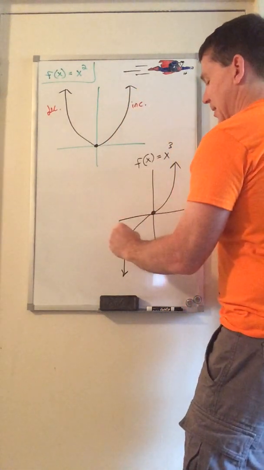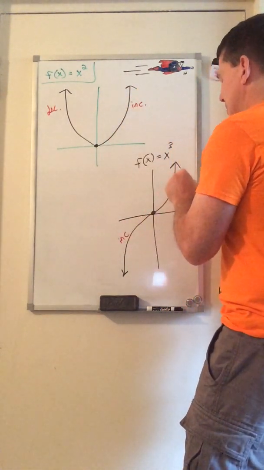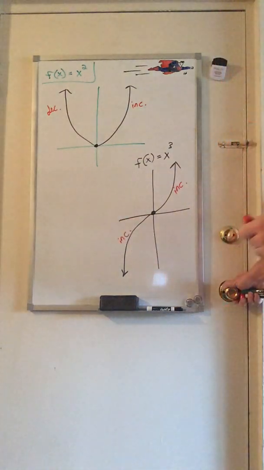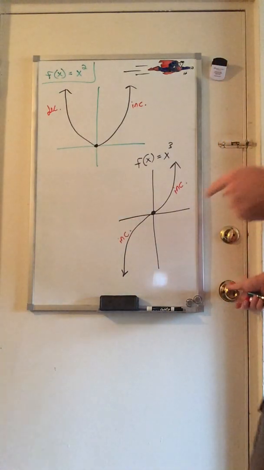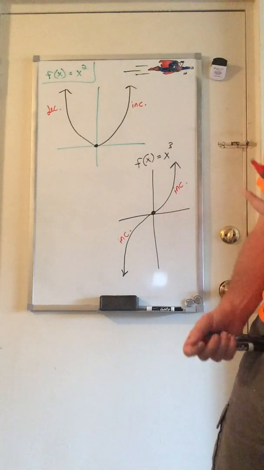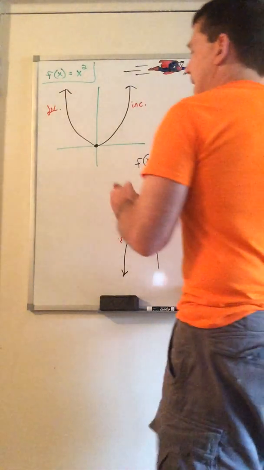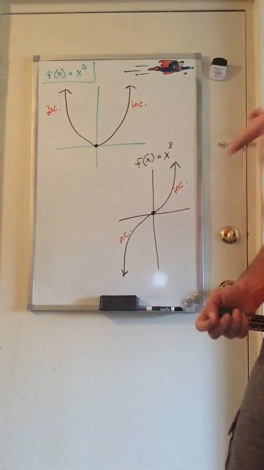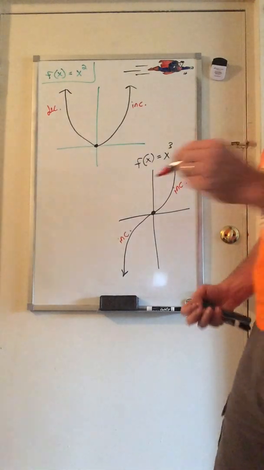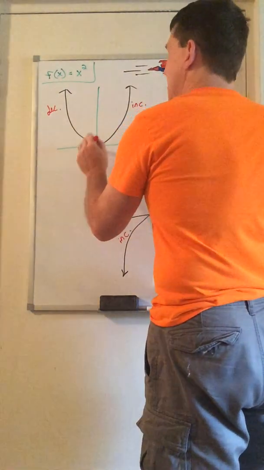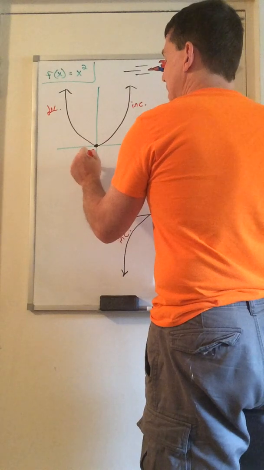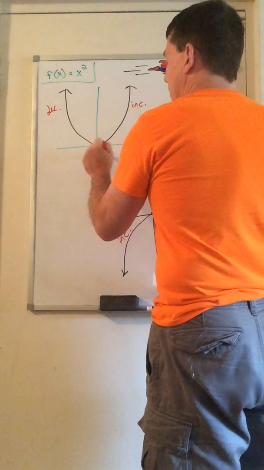This is increasing, and then it keeps on increasing. And we also said, I think earlier in the chapter, that places where the derivative is 0 would be critical numbers. And clearly that will have a horizontal tangent. We've mentioned that before. So that will be a critical point.